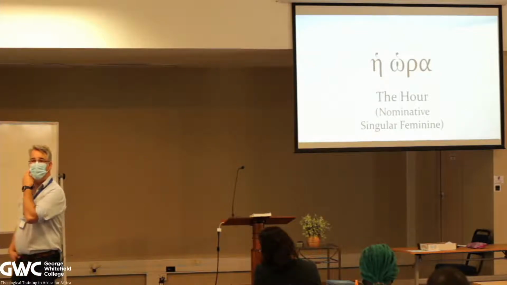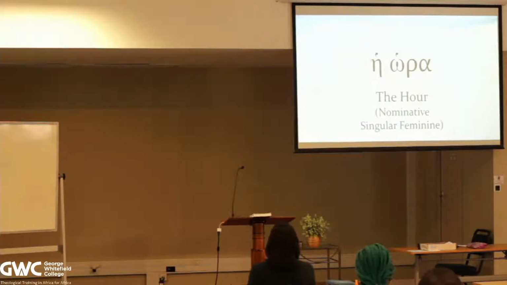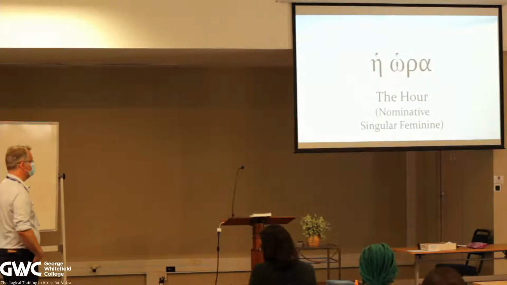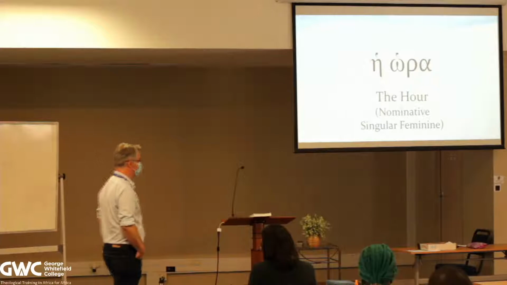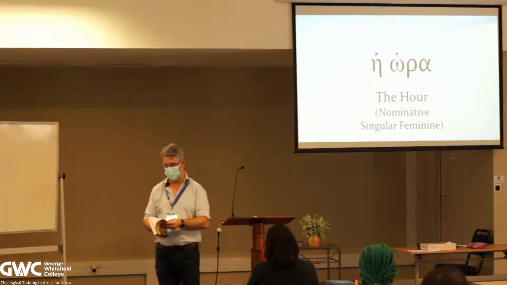Because hora is one of those feminine first declension nouns that has a stem that ends in a rho. And so it behaves like hemera. Yeah? Now this is why, go back to page 40 and 41 of your Duff.